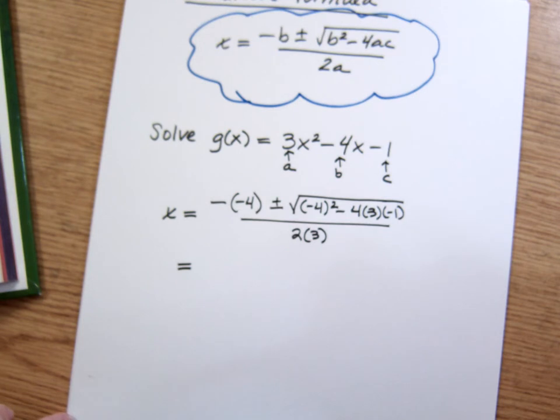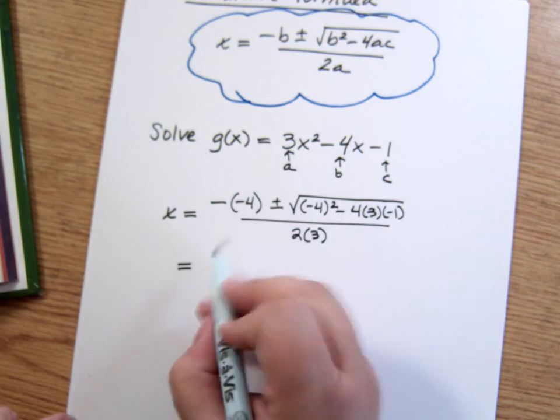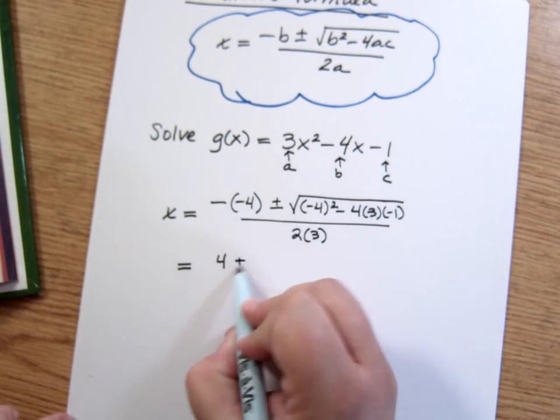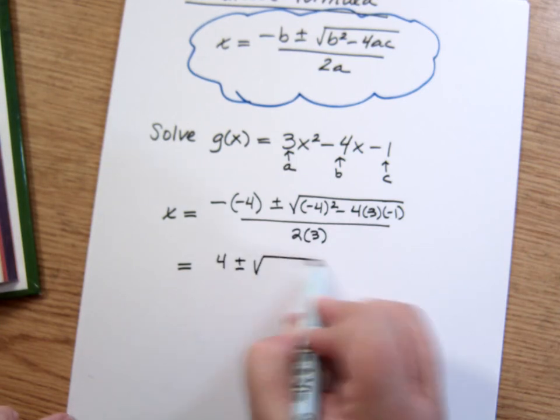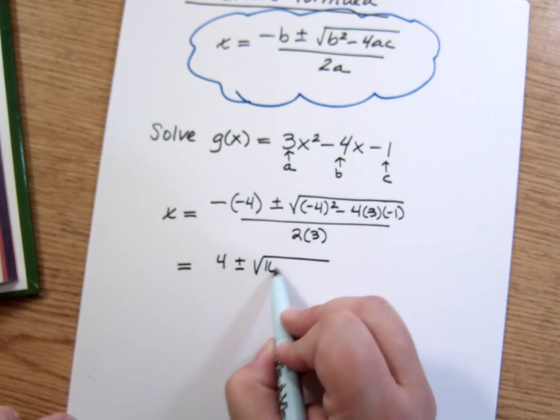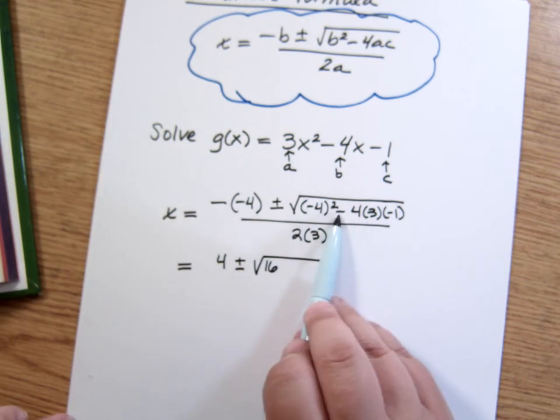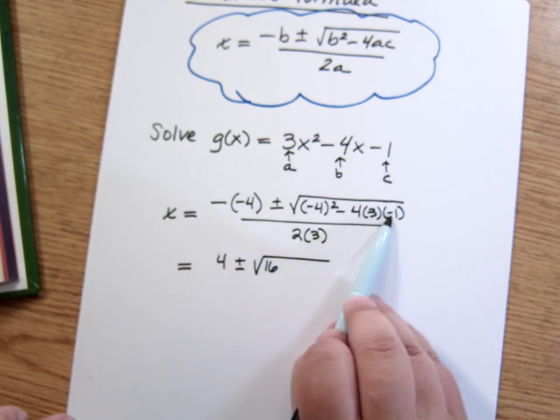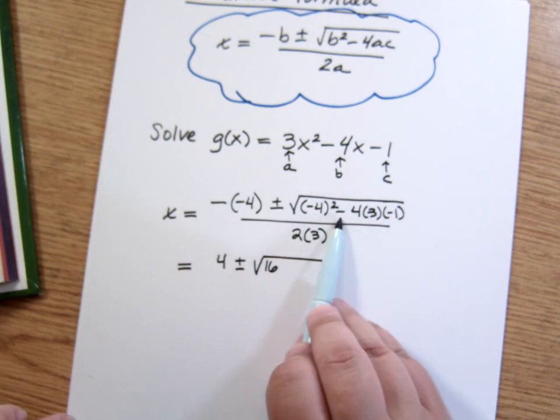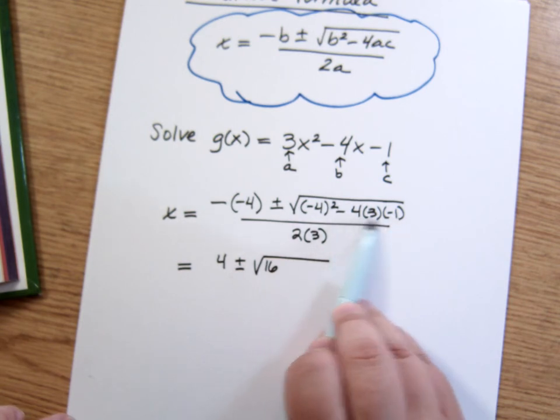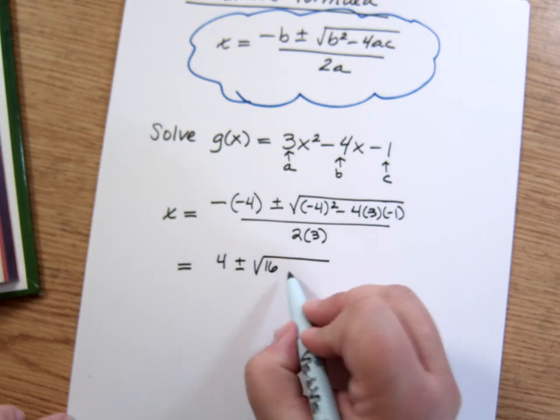And now I'm going to go ahead and start simplifying. So the opposite of negative 4 is positive 4, plus or minus square root of negative 4 squared is 16. And then because this is minus and this is negative, those are going to cancel each other out and make this whole thing plus. It's going to be plus 12. So I've got 16 plus 12.